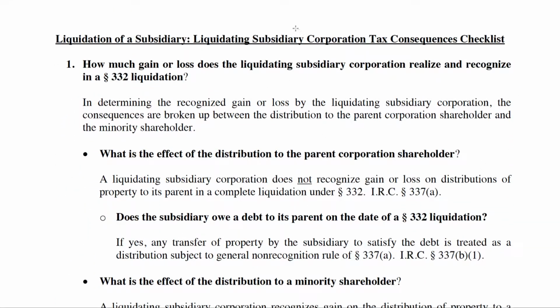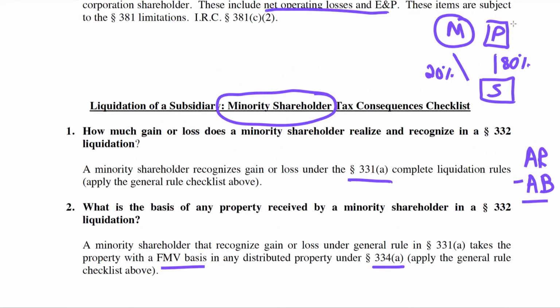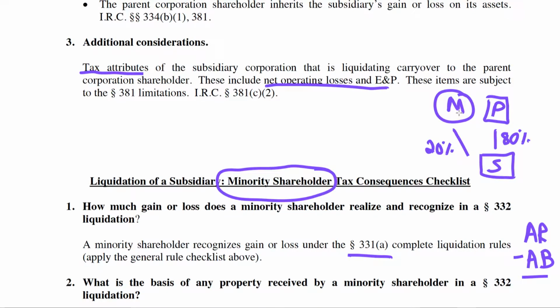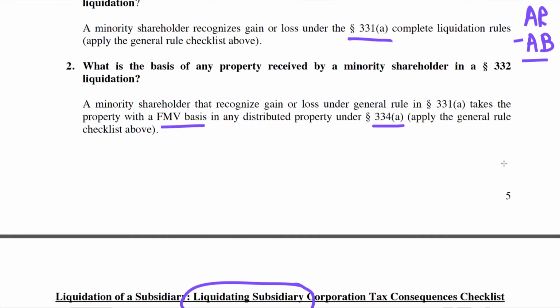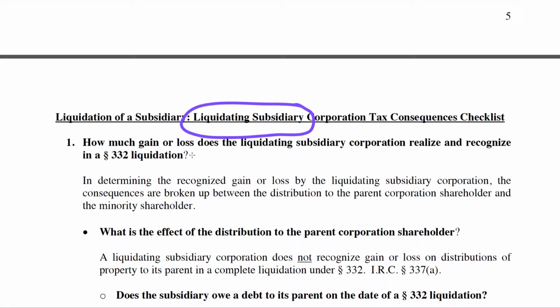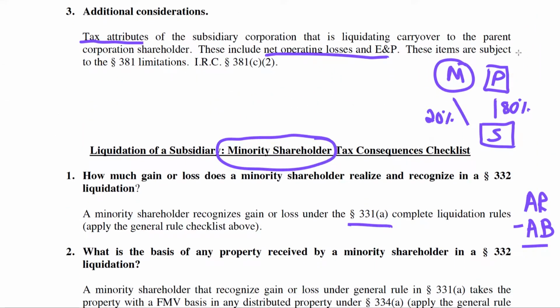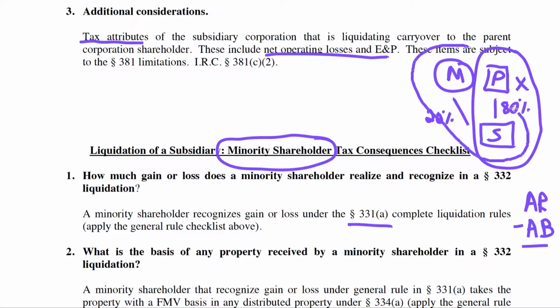All right, the liquidating subsidiary. So let's think about the situation here with the parent in the subsidiary and minority in the subsidiary corporation. With respect to the liquidating subsidiary, how much gain or loss is recognized? In determining the gain or loss recognized, the consequences need to be broken up. The idea is that the gain or loss with respect to the distribution to the parent will not be recognized, but the gain or loss on the distribution to the minority will be recognized by the subsidiary corporation.